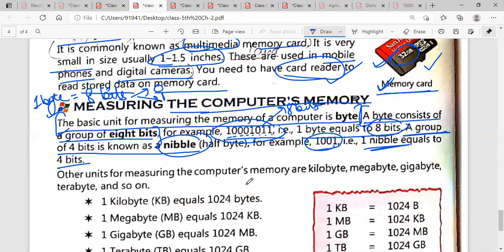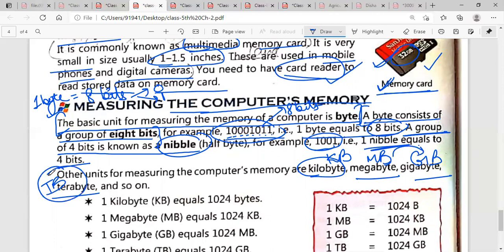Other units for measuring the computer memory are KB, kilobytes, MB, megabytes, GB, gigabytes, and terabyte. KB is small and MB is higher, and GB is higher, and then TB has more storage, and so on.